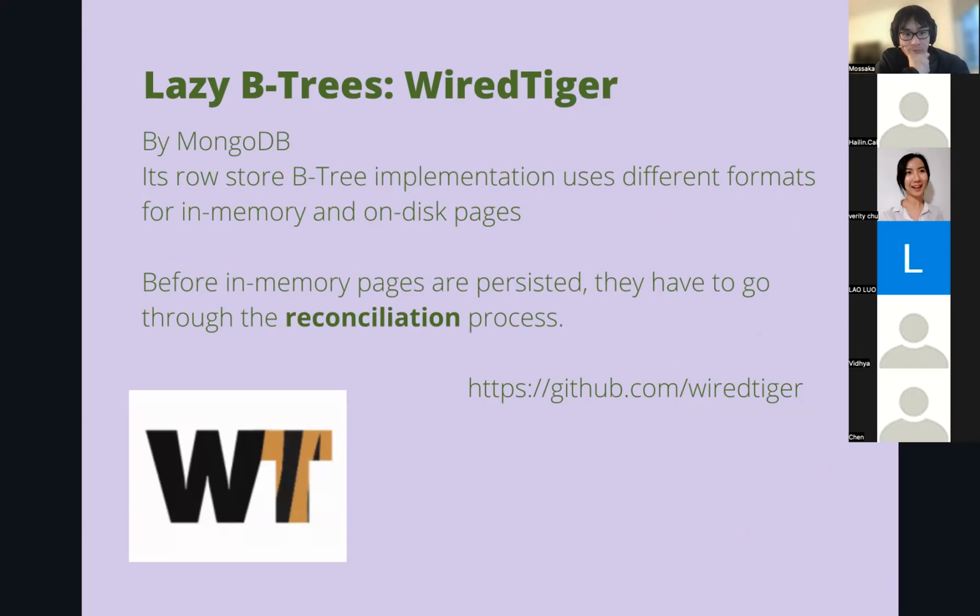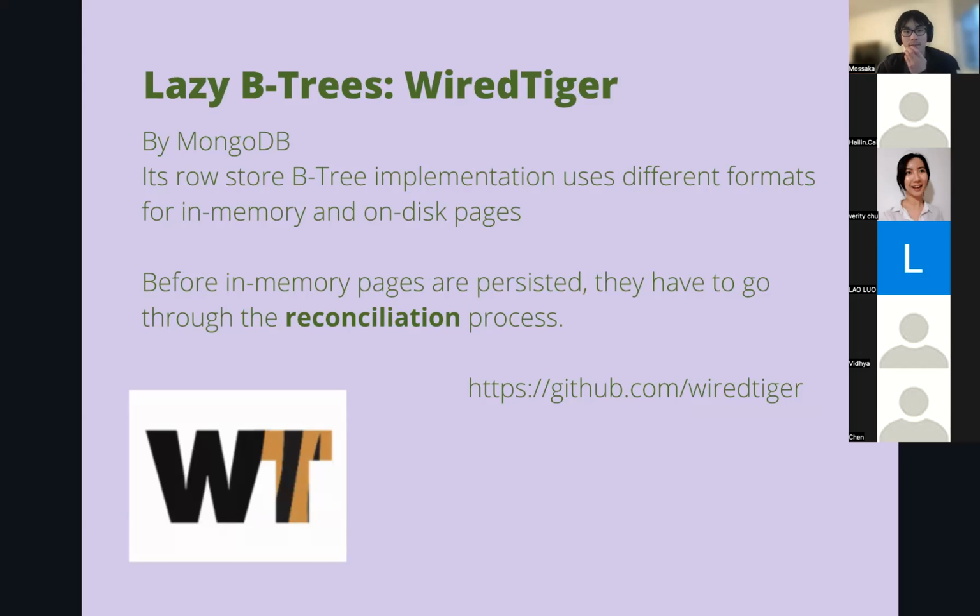For lazy B-tree implementation, there is one example provided by the Database Internals book, which is WiredTiger by MongoDB. Its logo is quite interesting, also a different type of animal. Its row-store B-tree implementation uses different formats for in-memory and on-disk pages.